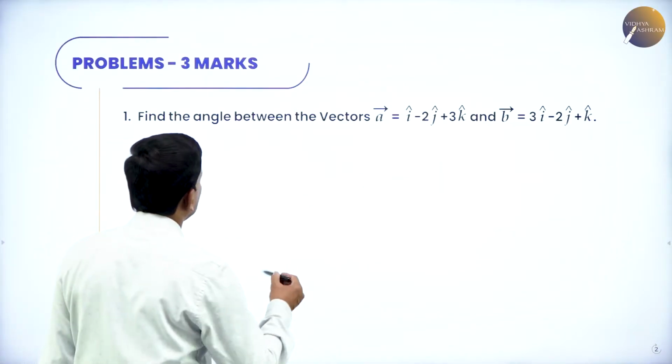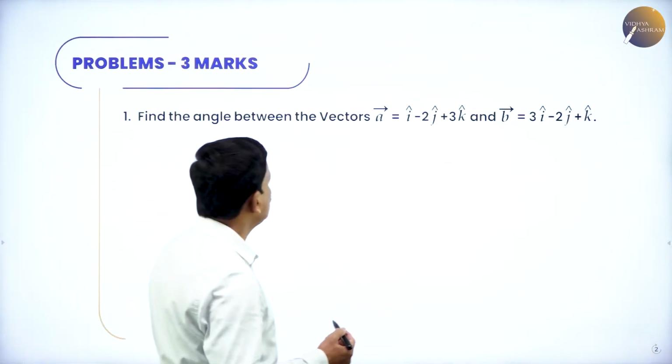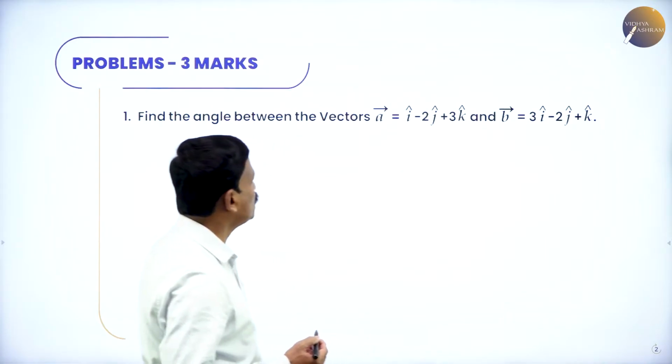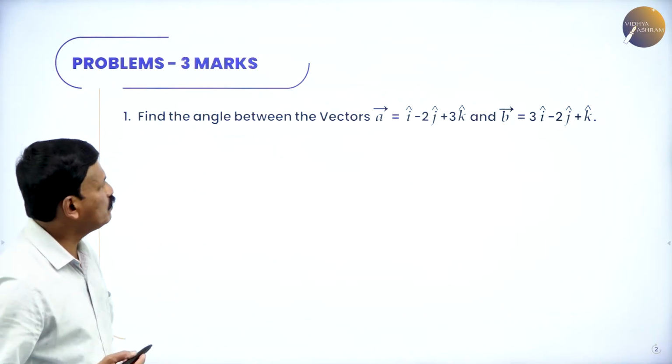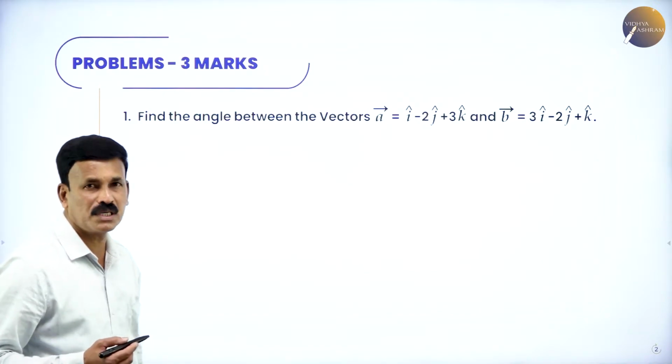Find the angle between the vectors A is equal to i cap minus 2j cap plus 3k cap and B is equal to 3i minus 2j plus k.